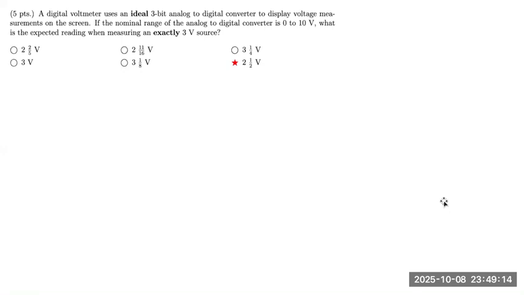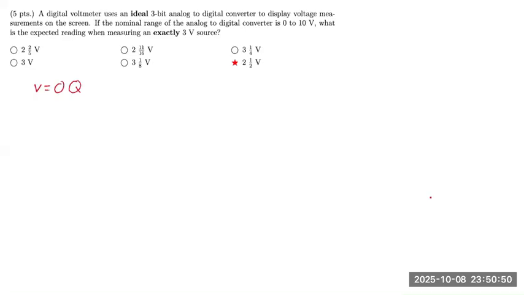First, we have a few key quantities we want to calculate. One of those quantities is the voltage reading, which is V equals OQ. From V equals OQ, we have two quantities we need to calculate: O for the integer output and Q for the quantization interval.